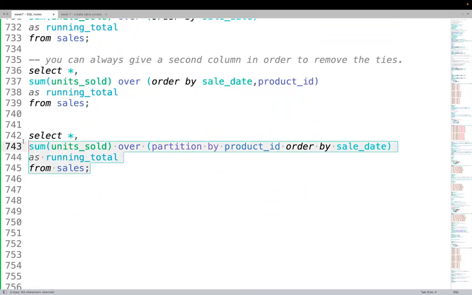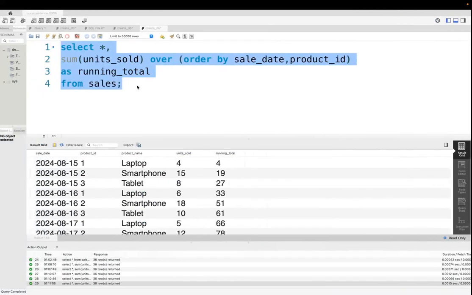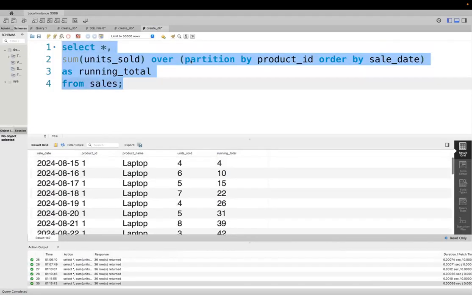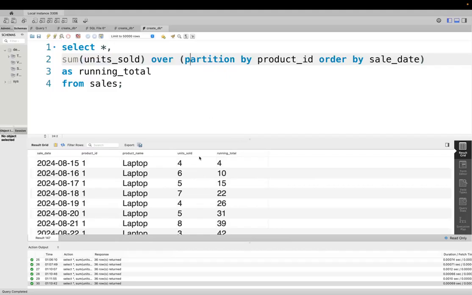Do you recall what was the answer we were getting from this? Product wise, I am getting how many quantities sold till a particular date, right? We have done that.